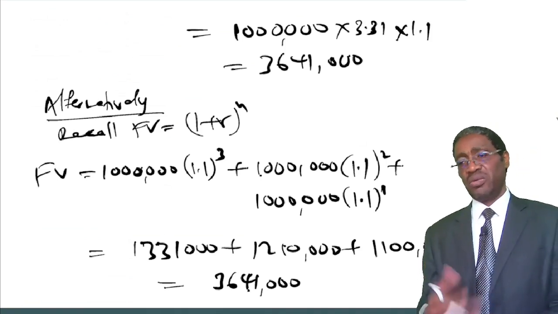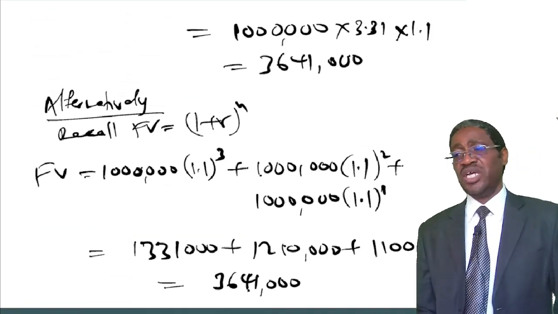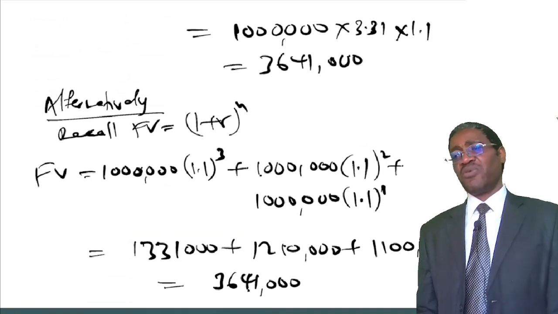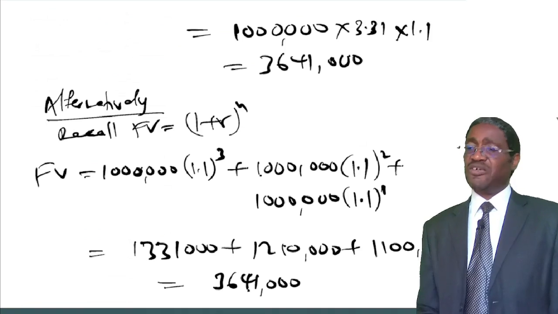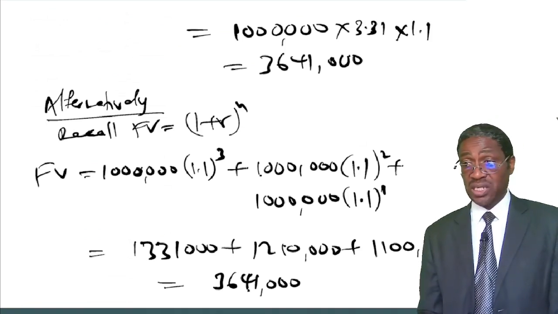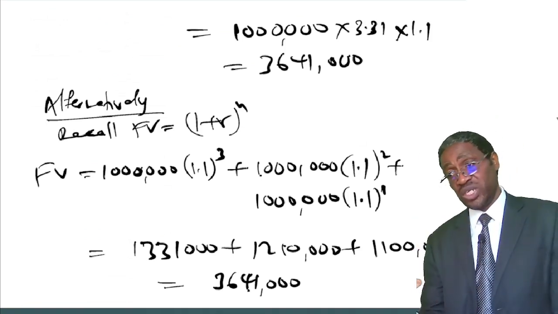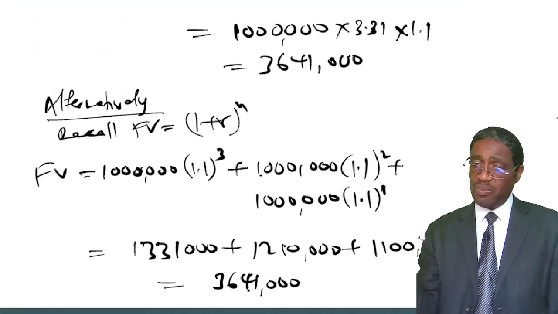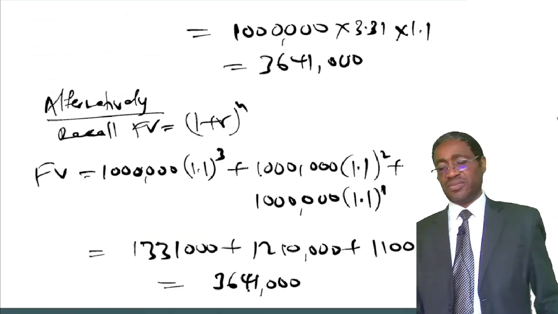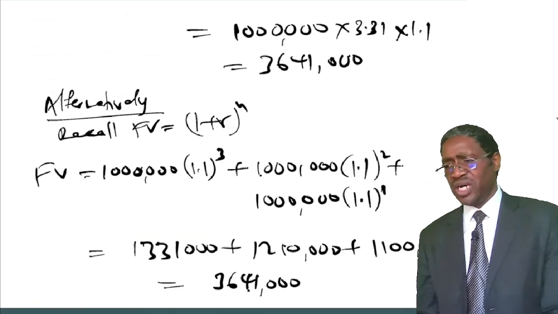Good. So remember the formula. It is annuity into 1 plus r to the power of n minus 1, everything divided by r. That is the formula for ordinary annuities. When you now say annuities due, then you multiply by the factor 1 plus r. Okay? Good. So maybe for today we can stop there.